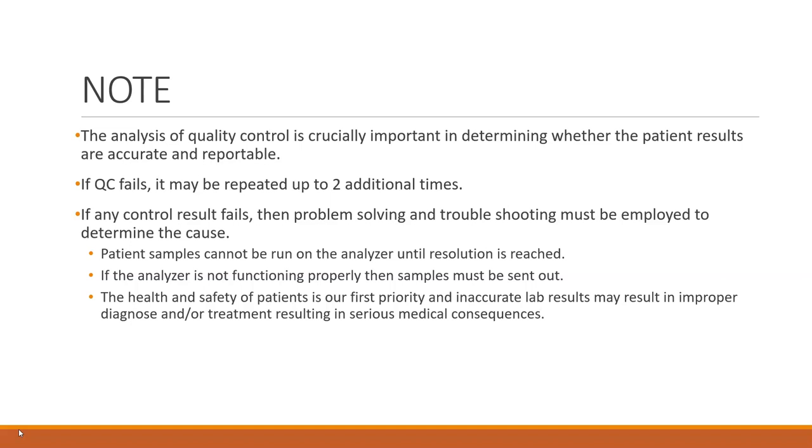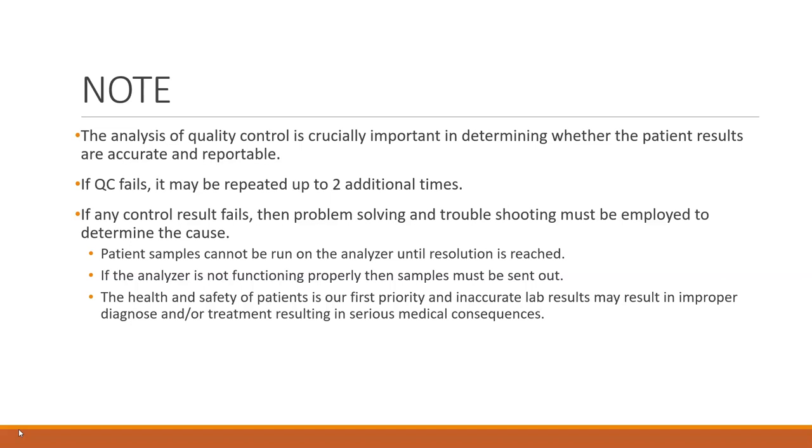accurate and reportable. So we know that if QC fails, we can repeat it up to 2 additional times. And you have to follow the standard operating procedure of your particular lab as to when and how that's done. If any control result fails, then you have to perform problem solving and troubleshooting to determine the cause of the failure.